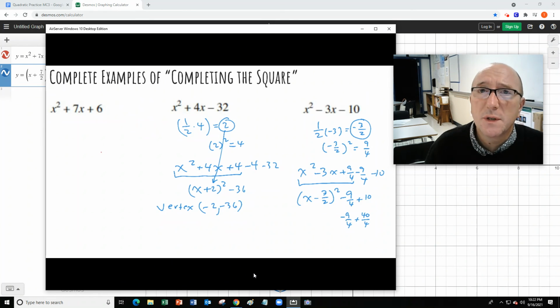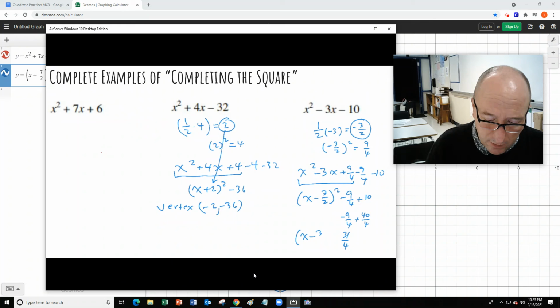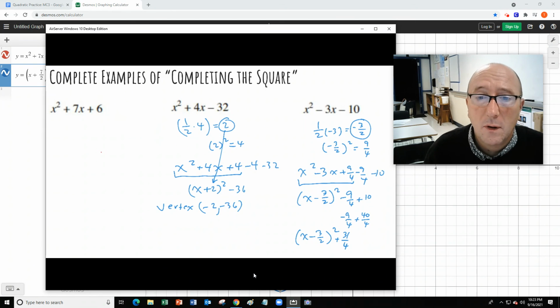Because 40 over 4 is equal to 10. And that would be positive 31. So that would be 31 over 4, and we bring over the part that I didn't carry down here. X minus 3 over 2 squared plus 31 over 4. So that is your vertex form of x squared minus 3x minus 10.